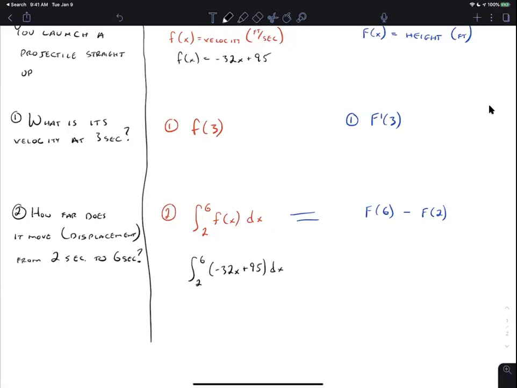Okay, so this is wrong. But why is this not saying to do this? Or is that what it's saying? Because it's capital F of x, so it's a different function.